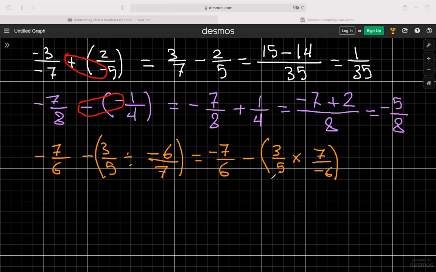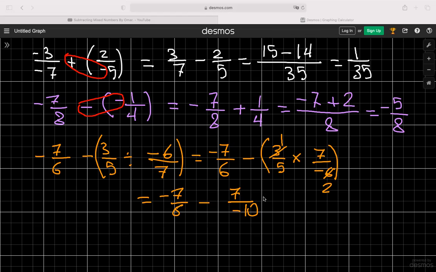After this, we try to reduce inside here. So 3 goes into itself once, it goes into 6 twice. And this will be rewritten as -7 over 6 minus 1 times 7 is 7. And 5 times -2, because, don't forget the negative, that gives me a -10 on the bottom.